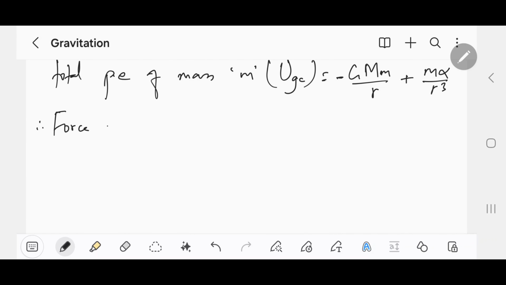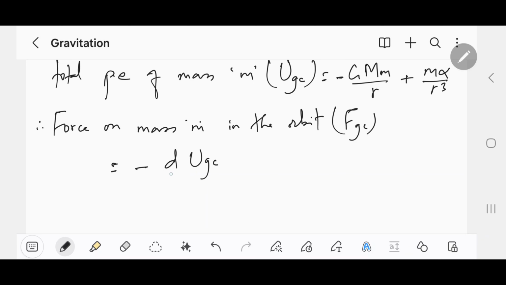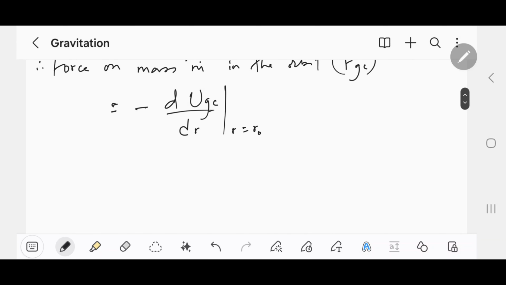Therefore, the force on mass m in the orbit, let this be Fgc, equals minus dUgc by dr at r equals r naught, because the distance still has not changed, right? The object is still in the same orbit, so r changes to r naught.